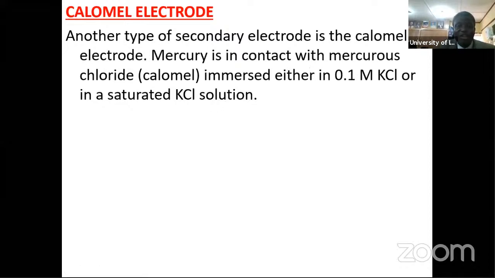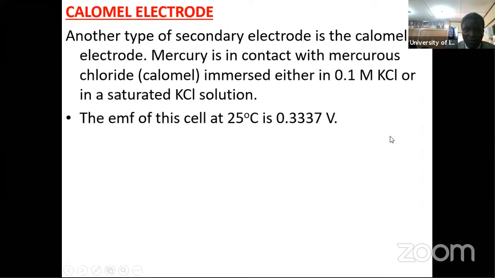In this case, you have mercury that is in contact with your mercury chloride. So they call it calomel, mercury chloride, and it's immersed in a solution of 0.1 molar potassium chloride, or just a saturated solution of potassium chloride.